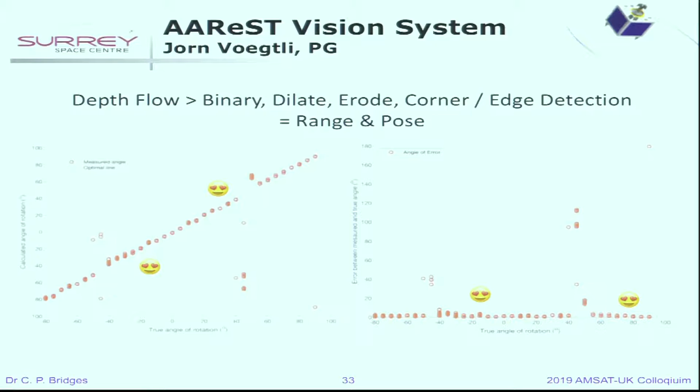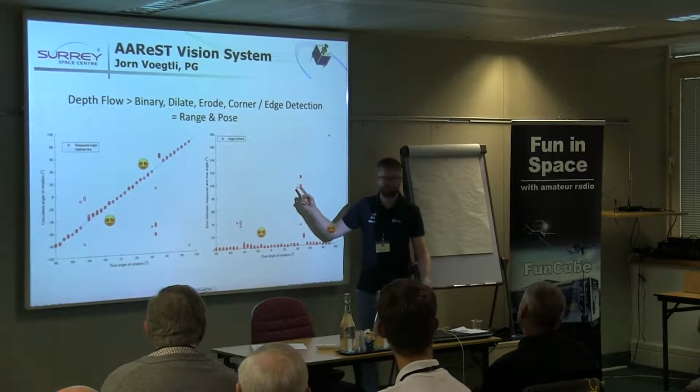There's a particular way that we're using in this one to get our range and pose. And of course, we can take lots of samples, we know what our truth is, because we had a separate camera system working, understanding our truth, to know what the differences would be for different angles, different ranges, and work out the error. Bottom line, depth camera, amazing, except when it's getting directly pointed at by something that might look like a sun or another star.